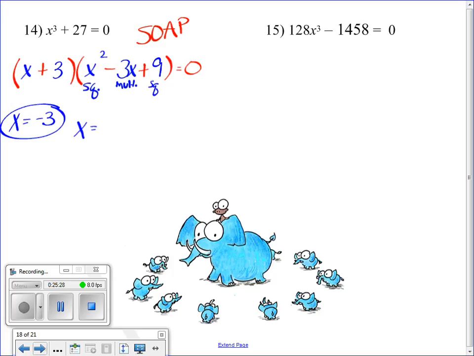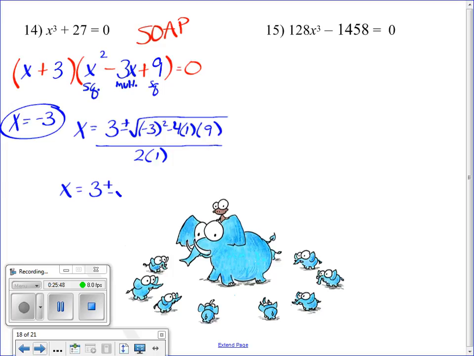quadratic formula. So x equals -b, so 3, plus or minus square root of b squared minus 4 times a times c, all over 2 times a. So 3 plus or minus radical negative 27 all over 2.